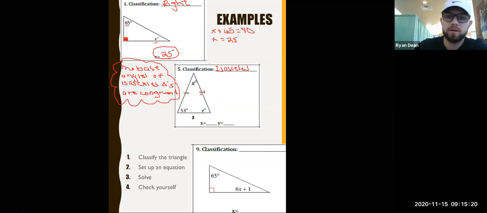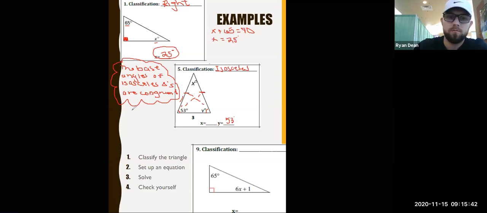So we have one side that's congruent here. That means that the 53 is going to be the same as this y, because the y is across from this side that's congruent. So we can fill in that y is going to be 53 degrees.